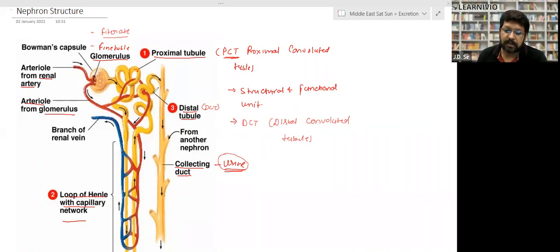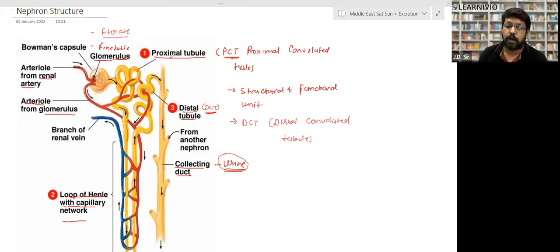This part of the pipeline is called DCT, distal convoluted tubule. Distal means which is in distance, or away from the glomerulus. That's why we call it the distal tubule. This is the proximal tubule, PCT.